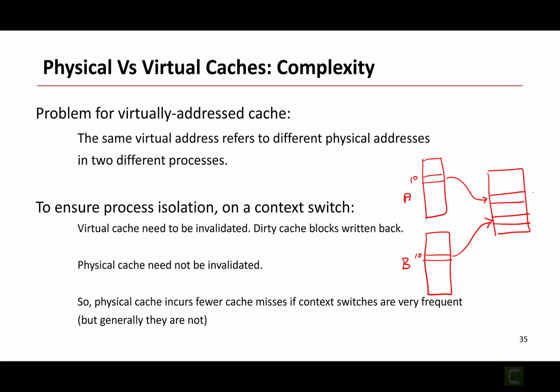So we talked about this in the case of virtual memory design. Let me call this address 100 and this address 200. Okay, so the same two virtual addresses are mapped to two different physical addresses, and that's exactly what we want, because we don't want Chrome to be accessing Microsoft Windows's data when I'm running both of them simultaneously on my computer.